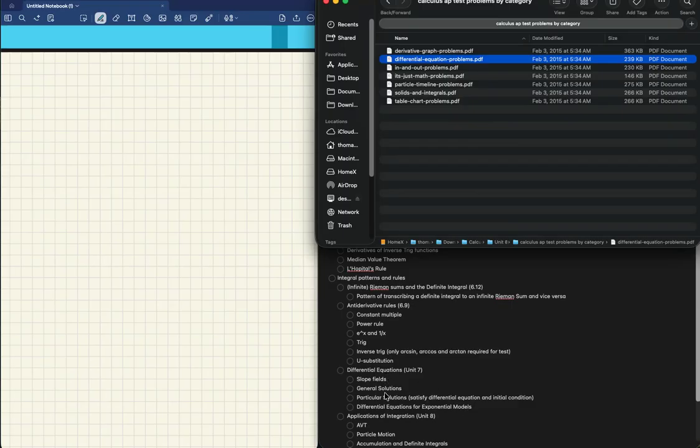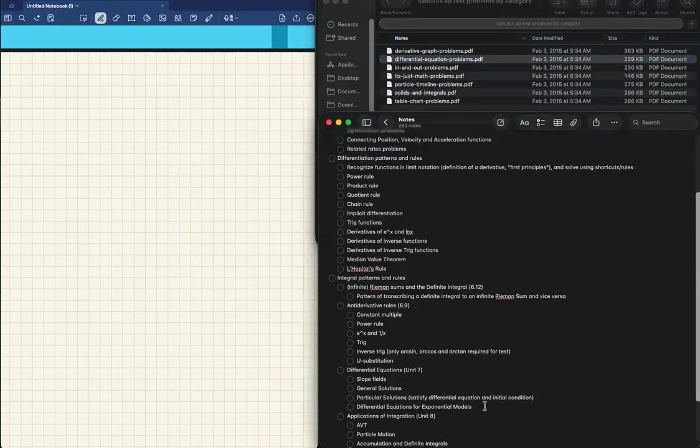All right, so then, yeah, and this is also important. I'll probably go over this and make a separate video again about the differential equations for exponential models, just because I think that the shortcut that I taught you in class, that I haven't really found anywhere in any material, will really help you with multiple choice questions.